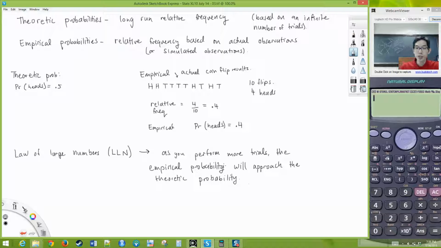And so the rest of today's lecture will focus on calculating theoretic probabilities. Empirical probabilities, again, come from actual trials or simulations. But the rest of our lecture today will focus on the rules behind calculating theoretic probabilities.